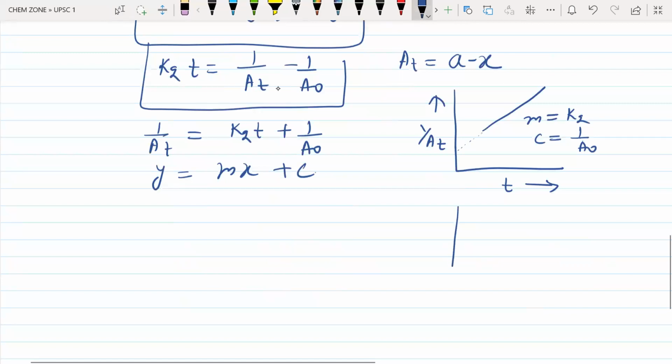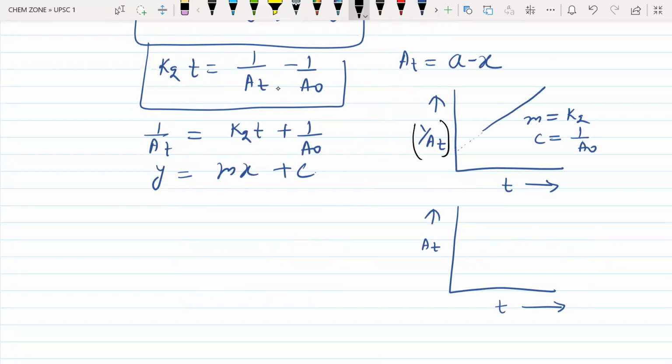If we want to plot the curve At versus t for the second order reaction, this is the graph of 1 upon At versus t. This is the graph of At versus t.